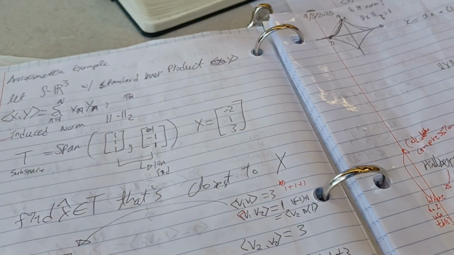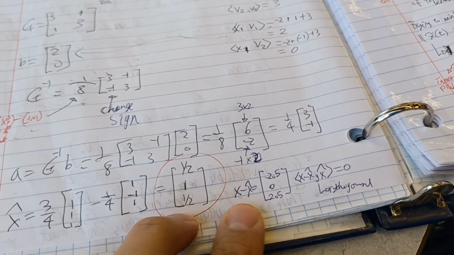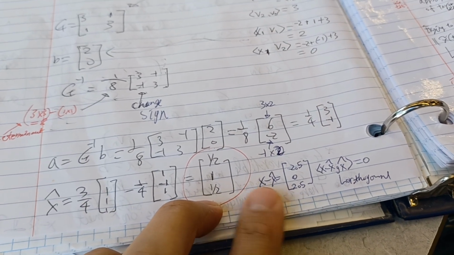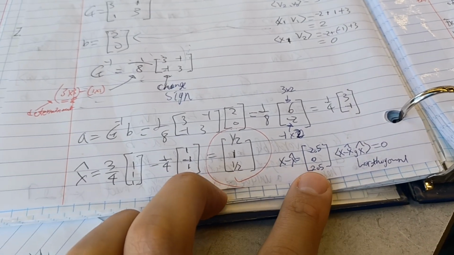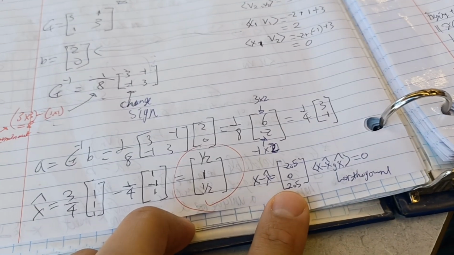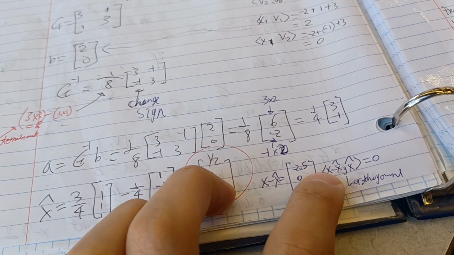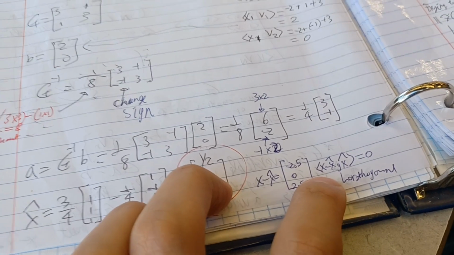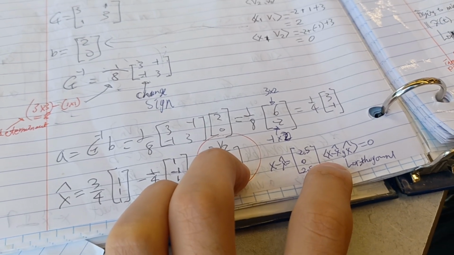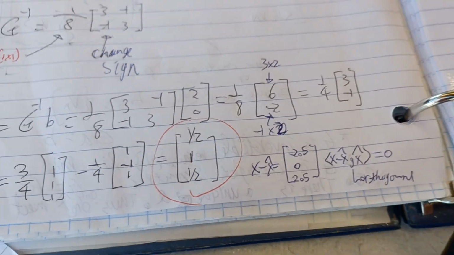And then x was this, and you can see the difference. You can calculate x minus x hat, and this minimizes the norm. To ensure that our answer is correct, we know that x minus x hat should be perpendicular, or orthogonal, to the subspace.